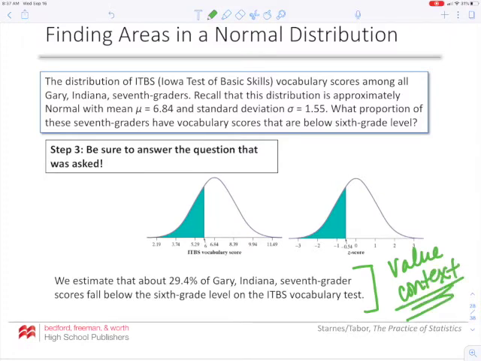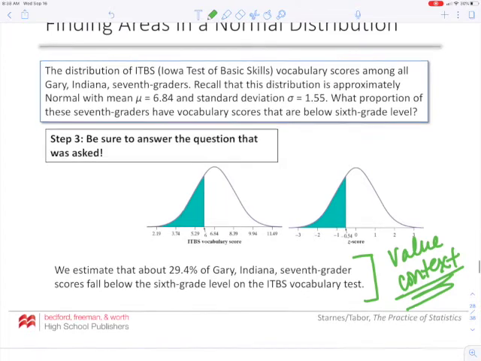You must have context in your answer. If on the AP exam, or even in my class, I can take your answer and just copy paste it into another problem and it pseudo makes sense because there's no context, it's just a value, you will not get full credit. You must have context from the problem in your answer so that it's clear what you are interpreting or explaining.